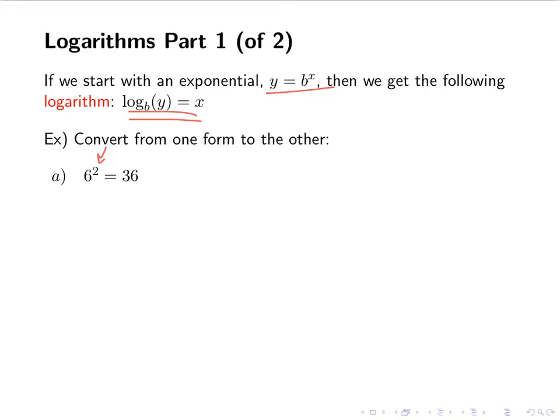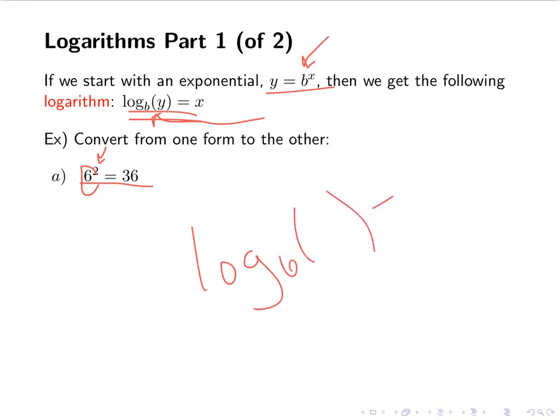It doesn't matter if it's talking about a logarithm or an exponential, the base is the same. Our b is the base of the exponent, and our b is the base of the logarithm. So the base of this is my 6. I know right away it's log base 6 of something equals something.